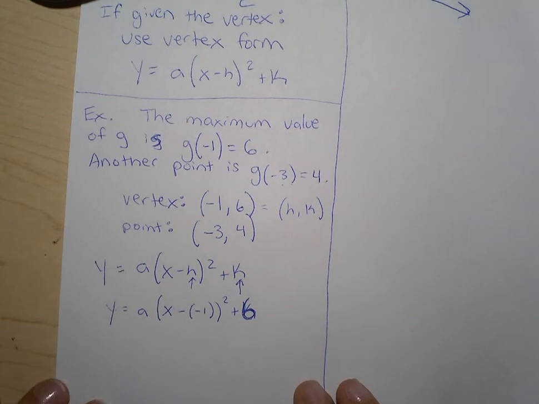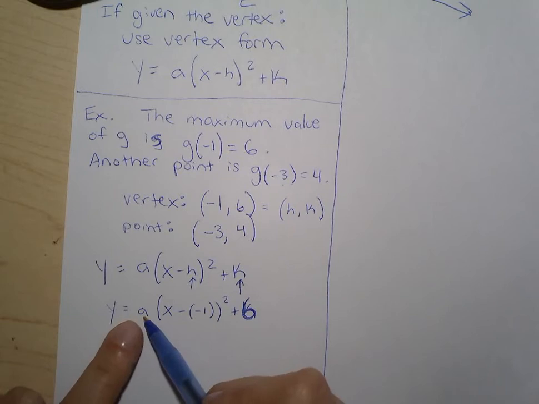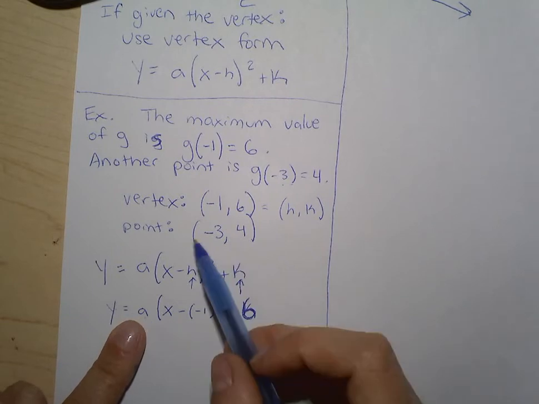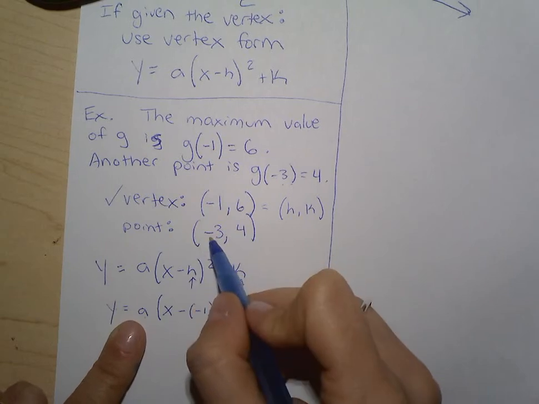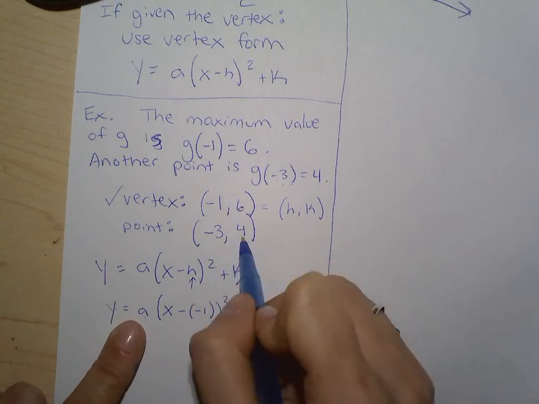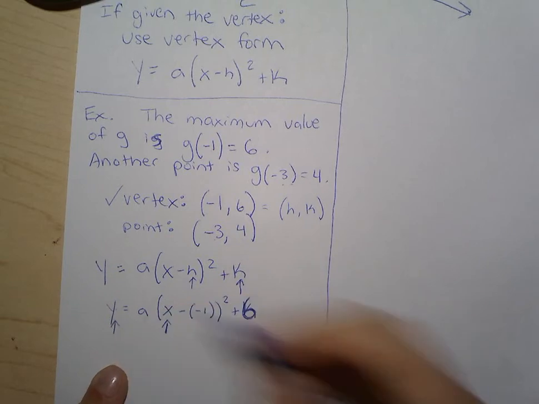So now I want to figure out a. In order to figure out a, I'm going to use this extra point. So I used my vertex. Now I want to use my extra point. I have an x value and a y value. So I'm going to plug in for my x value and my y value.